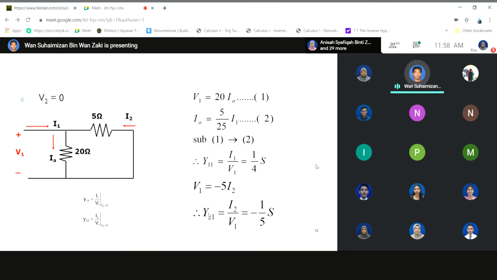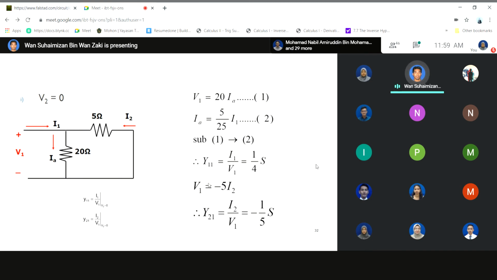Next, you need to determine Y21. Y21 is the ratio between I2 over V1. So this is your I2, and this is your V1. How do you get the ratio between I2 and V1? From here, you can see that V1 equals 5 I2. Because this is parallel, the voltage across the 20 ohm is the same as the voltage across the 5 ohm.